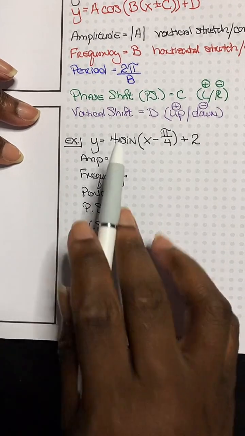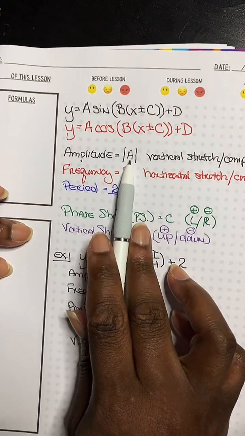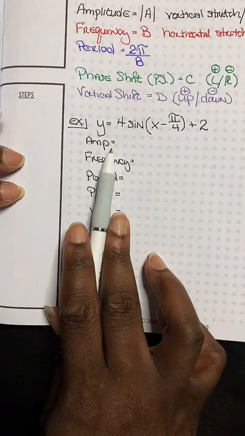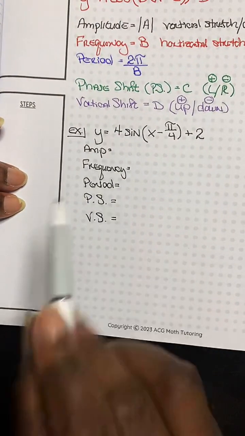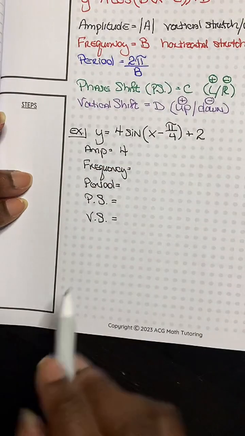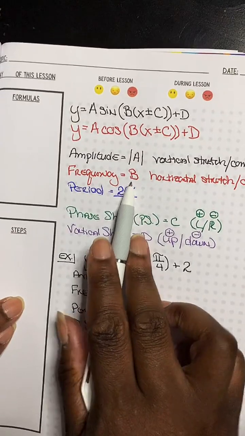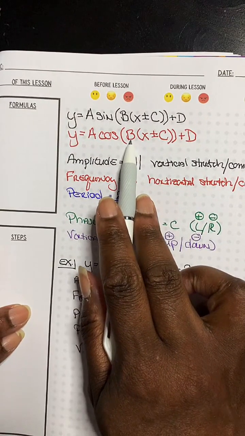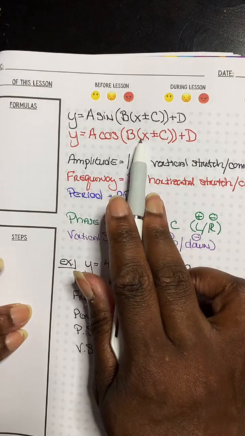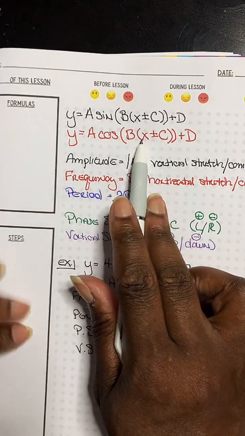So the amplitude is your A, the absolute value of your A. So in this case, our amplitude is 4. Your frequency, that's your B. Your B is basically the coefficient, which we try to factor out, of your X. What's in front of the X?